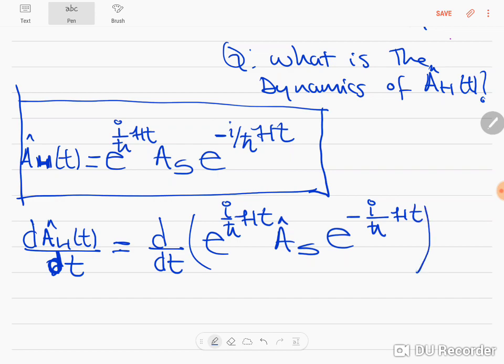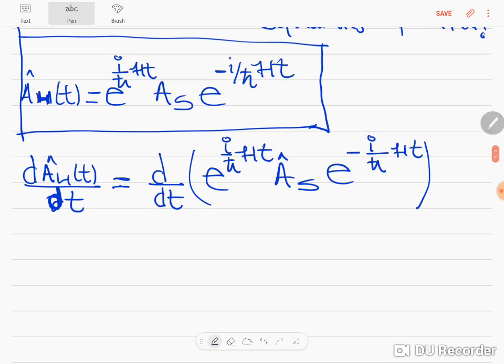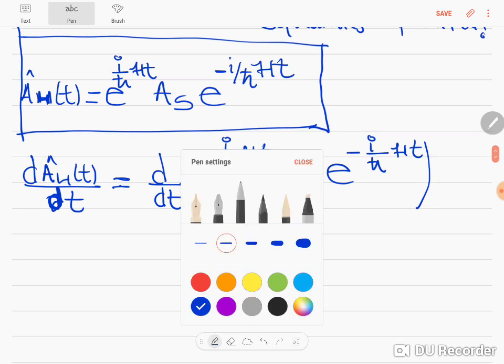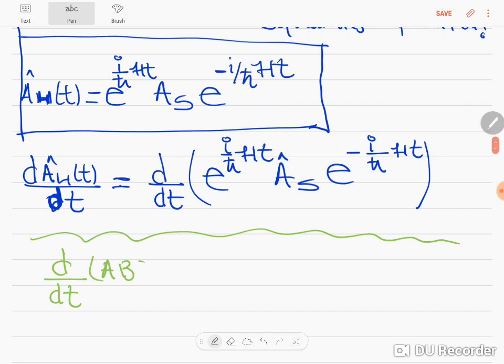Then we have all ingredients to start our calculation, and we just take derivatives here. Just as a reminder, if you take the derivative of the product of three things, let's say A, B, and C, this is A dot, the derivative of the first times the second and the third, plus the first times the derivative of the second times the third, plus the first and the second times the derivative of the third.